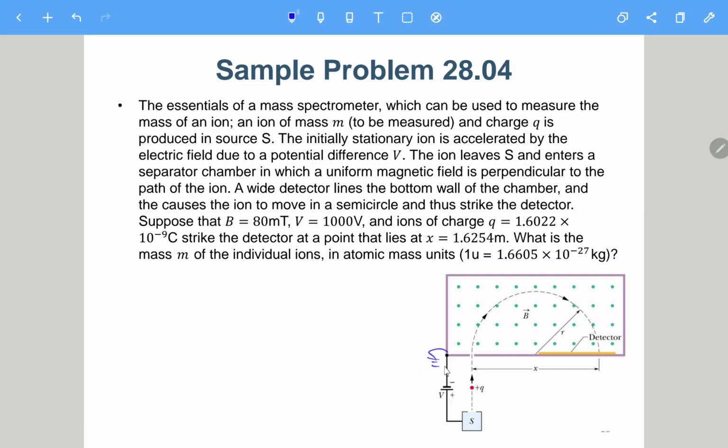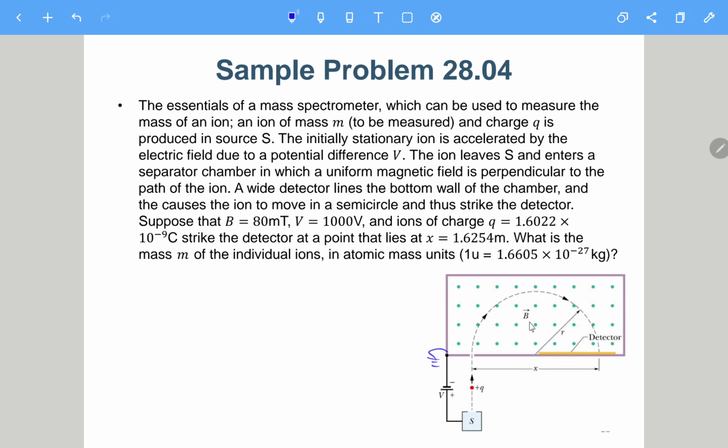And then with the electric potential V, there will be some positive charge shooting out, and if it is moving upward, then it can go through the slit. And of course, after shooting out, there will be no force acting on the charged particle. Then it will go in a uniform speed until it enters this region.